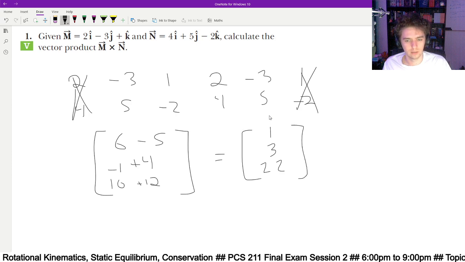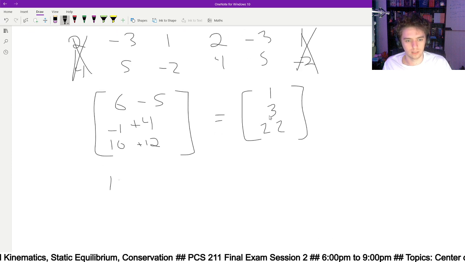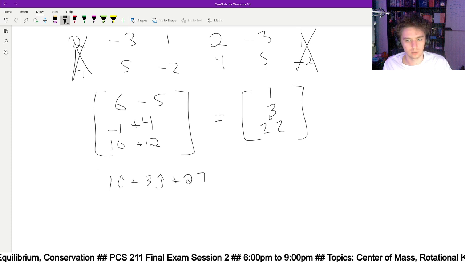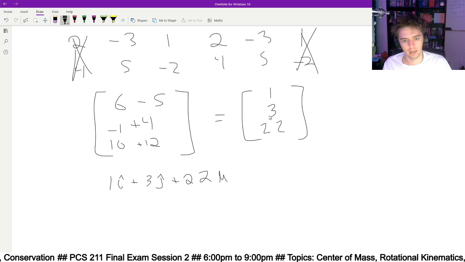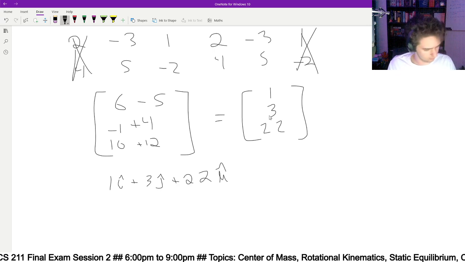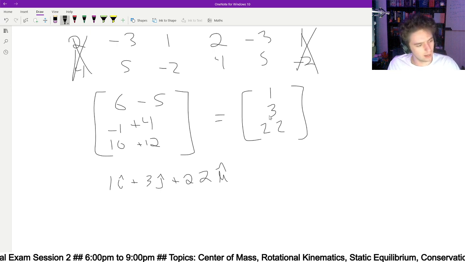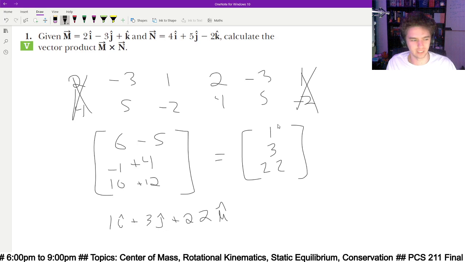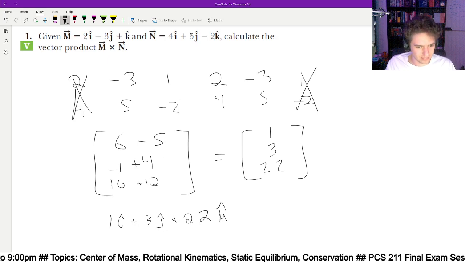So it's 1 i hat plus 3 j hat plus 22 k hat. And there you go. So, okay, is everybody good with that? Just calculate cross product. That was a quick one. Let's do number 3.